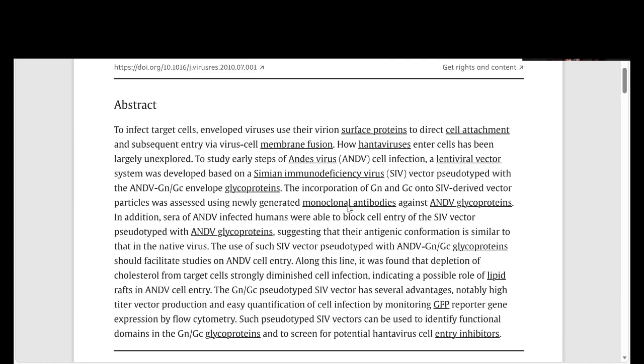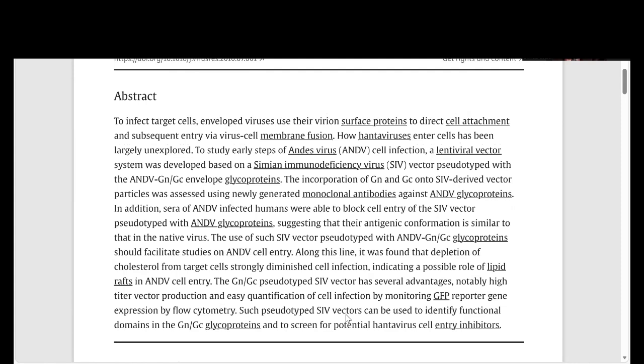Now, so they create this safe vector, so pseudotype vector, SIV, with the Andes spike, the GNGC, and they were able to test to see if it can be blocked. And it shows that it can. Now let me continue reading here.